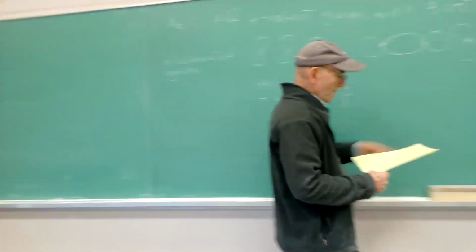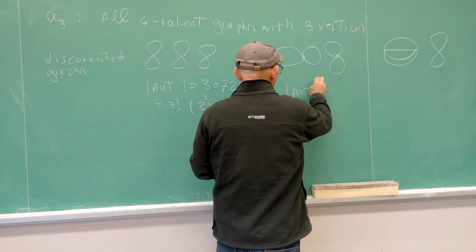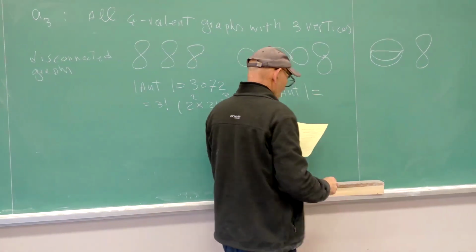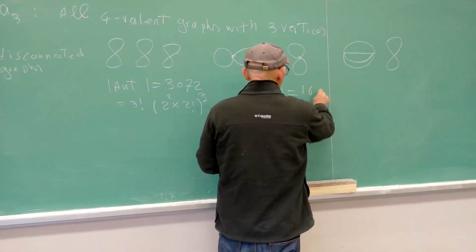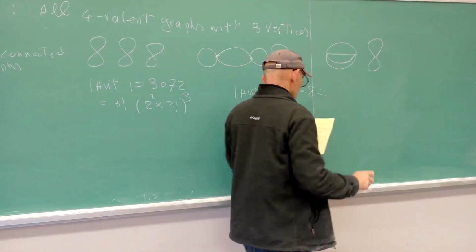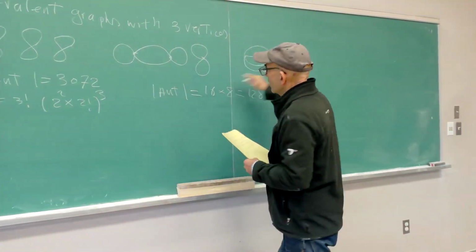For this one, the order of the automorphism group is actually equal to 16 times 8, which comes out to 128.